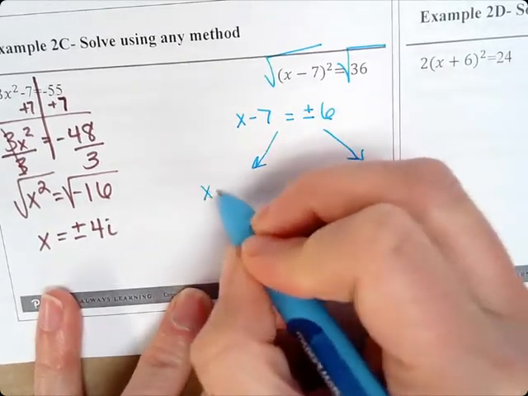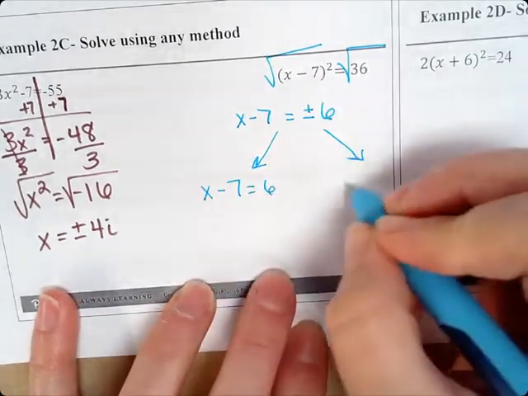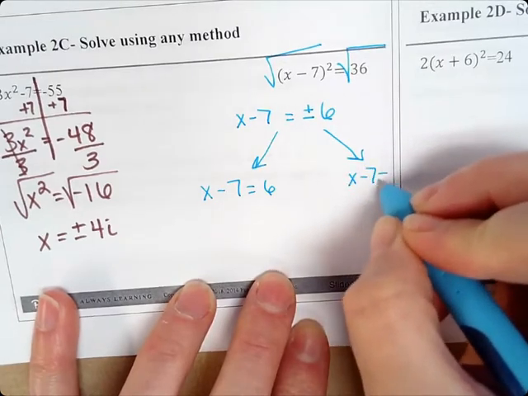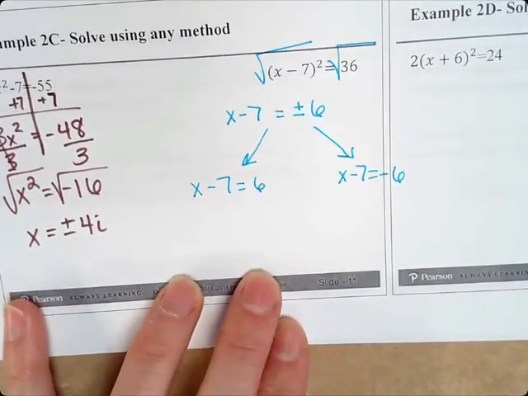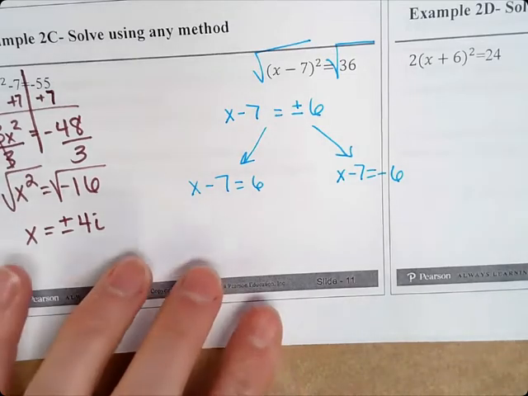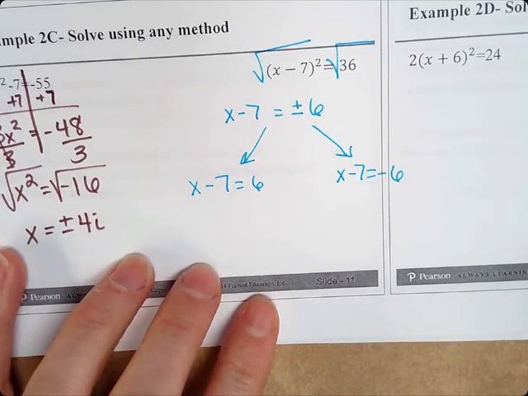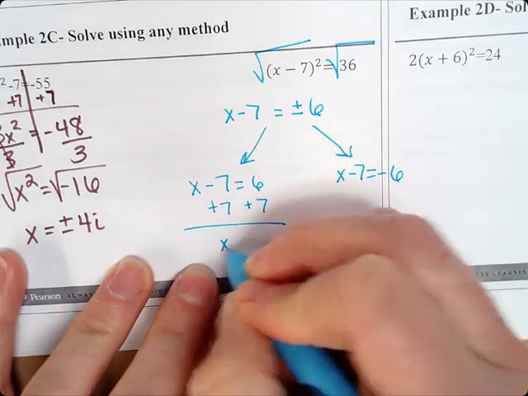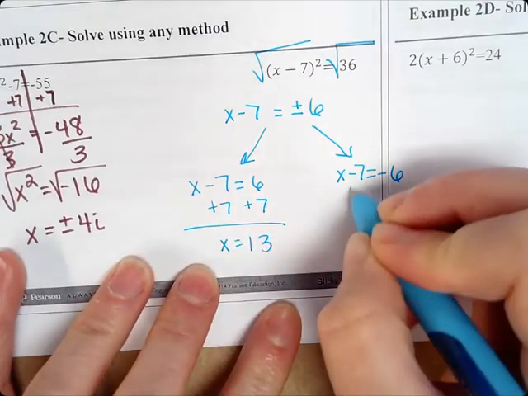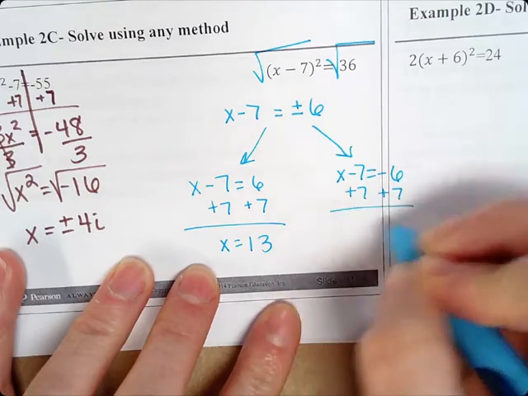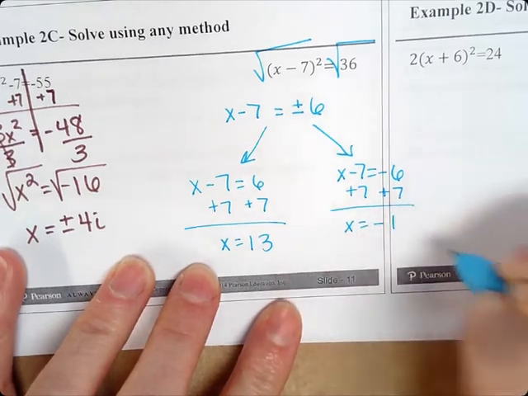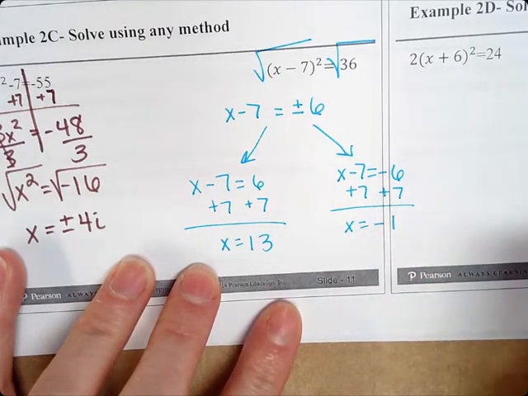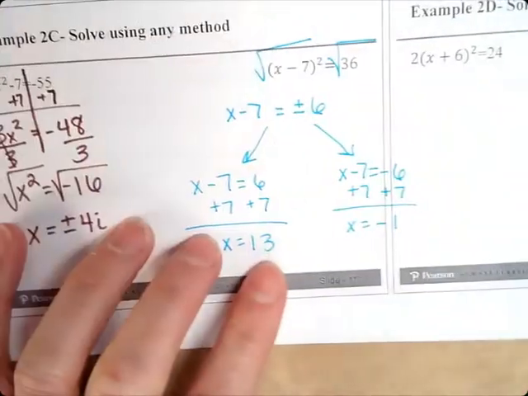We can write x minus 7 equals 6, and then x minus 7 equals negative 6. And so we would solve it. Positive 1. I don't know why I did negative there.